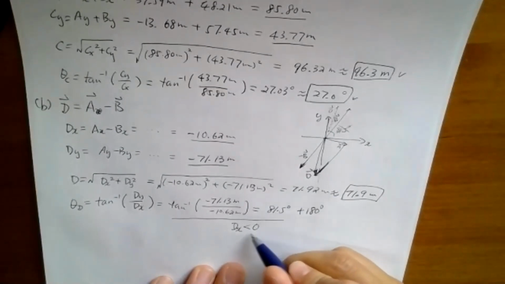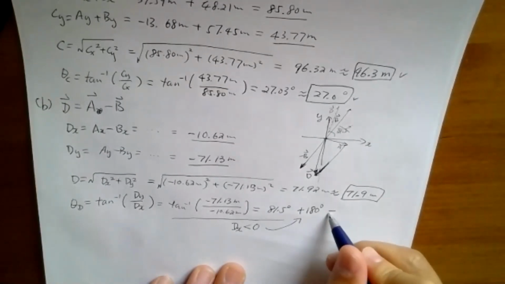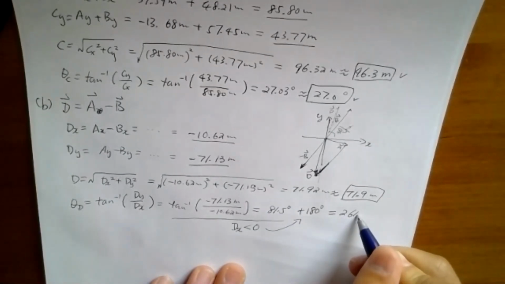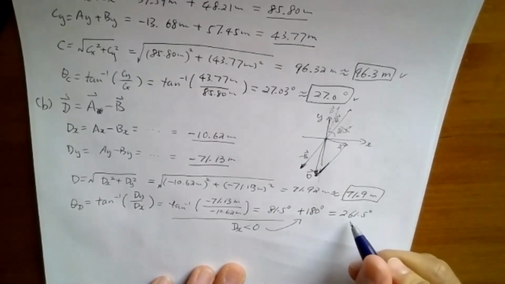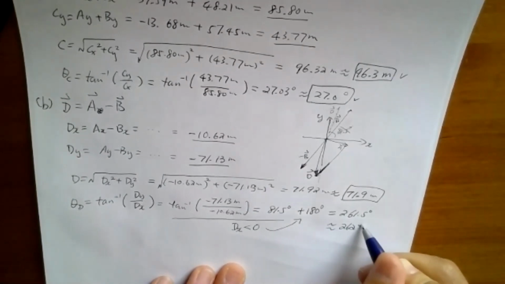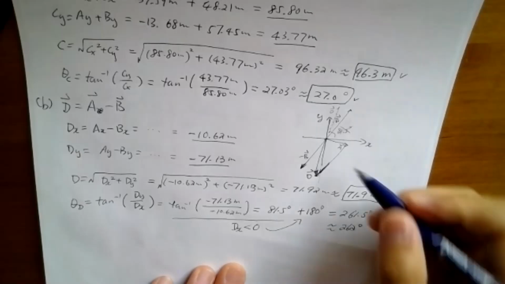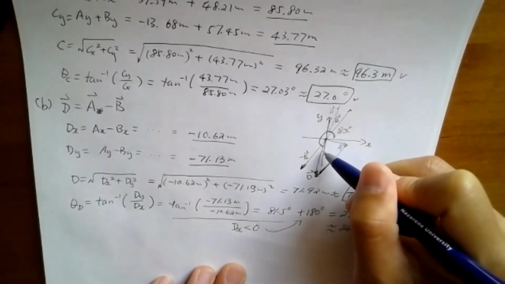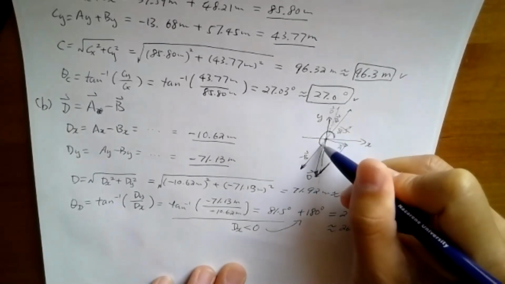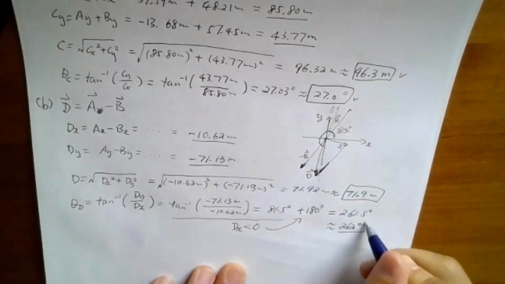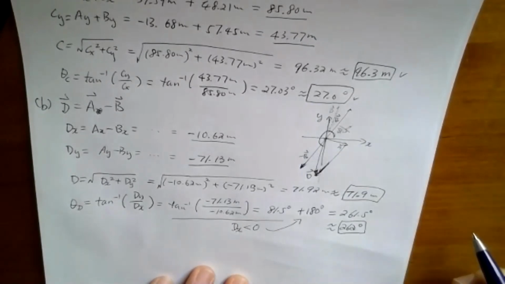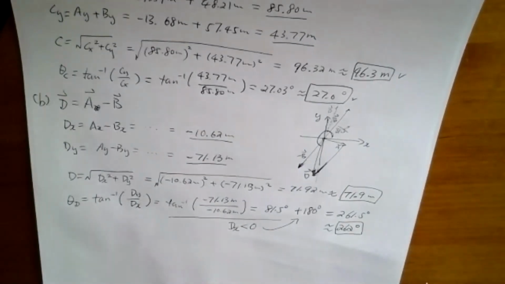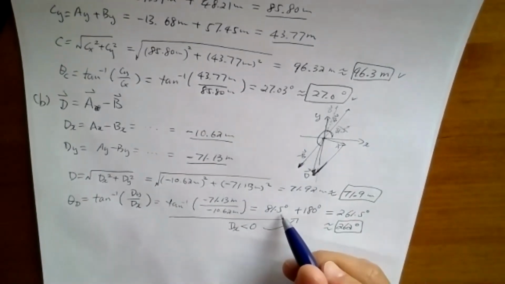So because of that, you add 180. So then it's 261.5 degrees, or roughly 262 degrees, okay? So 262 will correspond to this directional angle, right? Less than 270, but 262, all right? So that's the key. I'm glad that you guys got the 81.5 degrees right, okay?